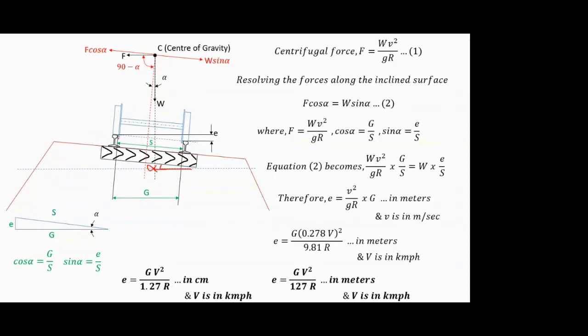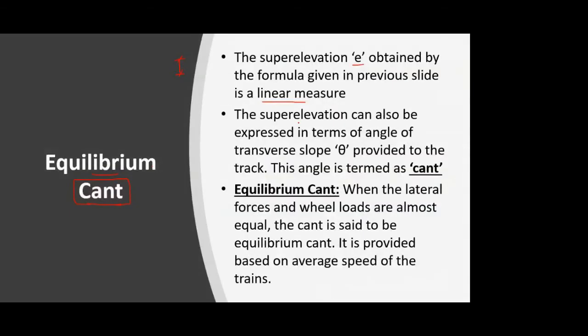So if I draw the alpha here, this will be the alpha value. So this is nothing but the angular measure of the superelevation. Superelevation E is the linear measure or the distance or the length parameter, and if you convert it to angular one, so this is that angular one. Okay. So that angular superelevation is termed as theta, and that is called Cant.